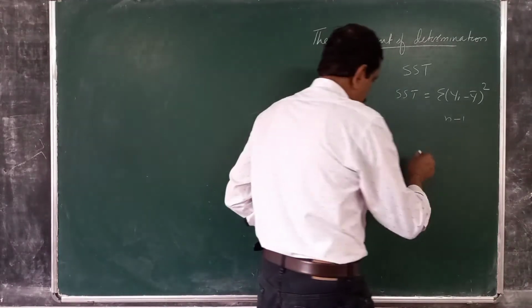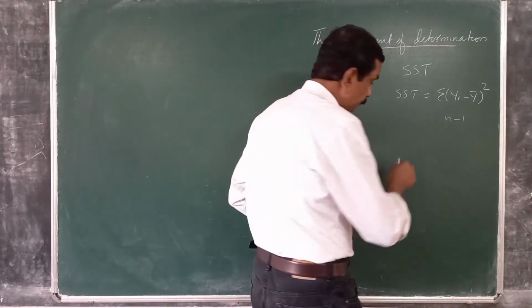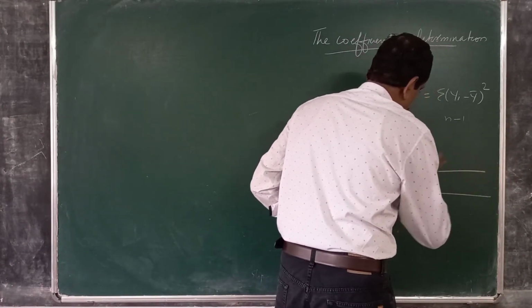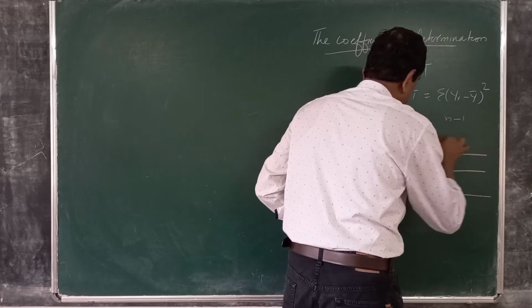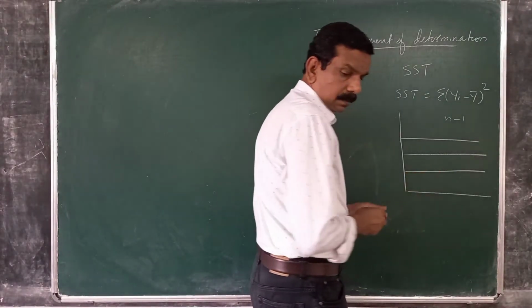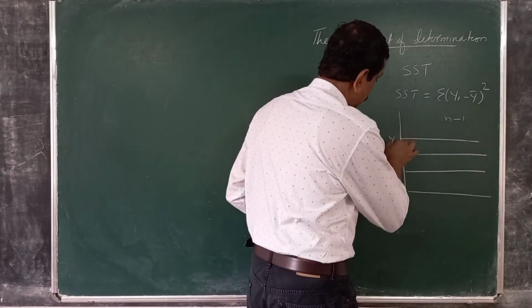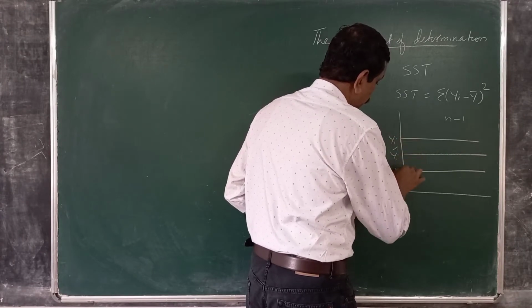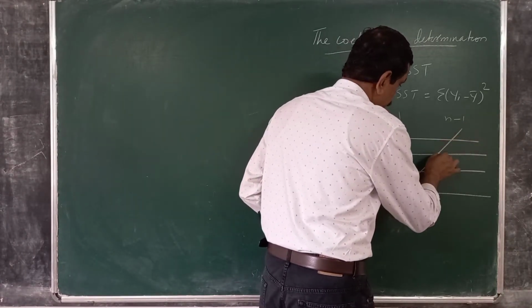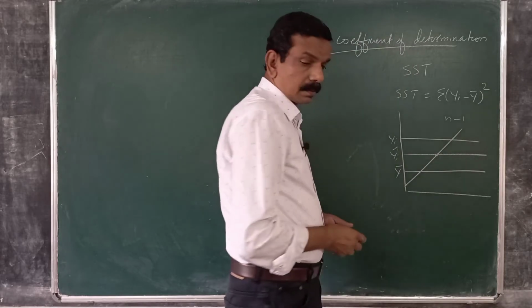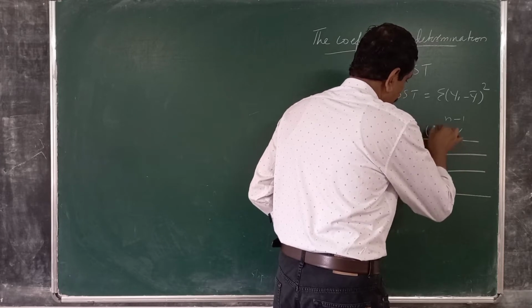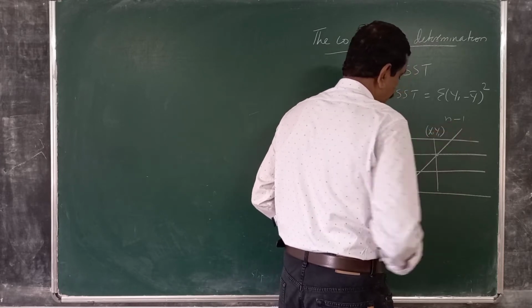Let us see these things in the form of a graph. This is yi, y hat i, y bar, and this is a point, say xi, yi.